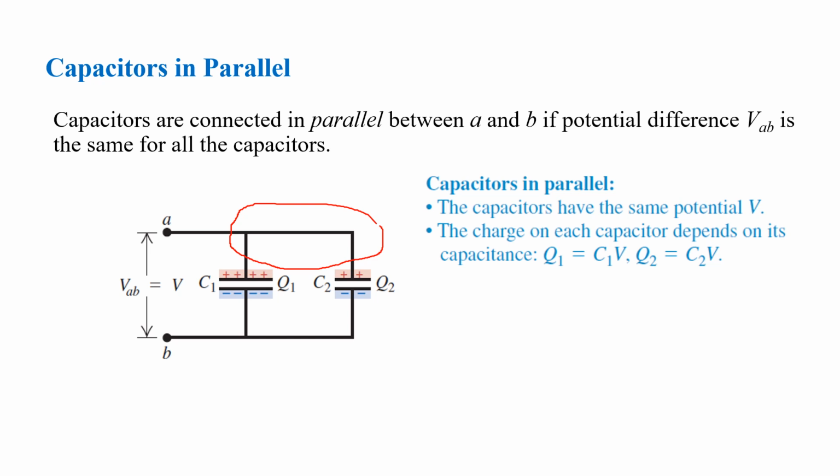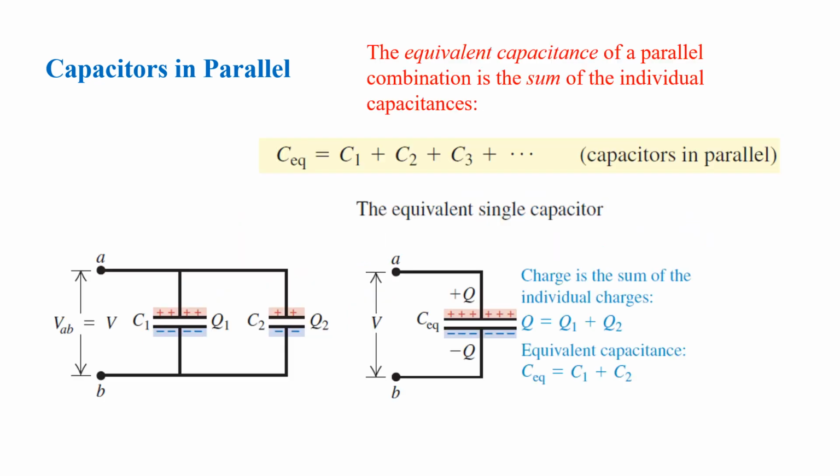Since these are equipotential surfaces, the capacitors have the same potential, which is why they have the same potential V. Just like what we did for capacitors in series, these two capacitors connected in parallel can be thought of as just one single equivalent capacitor.